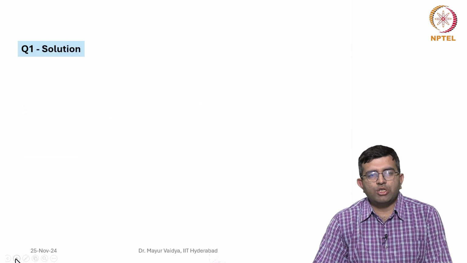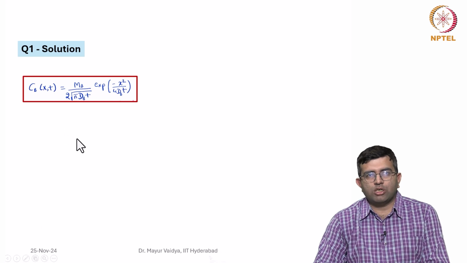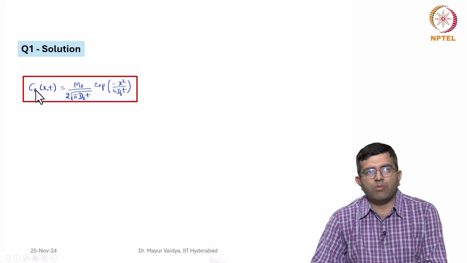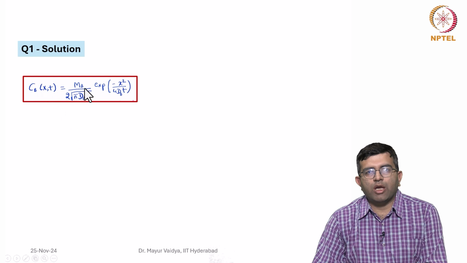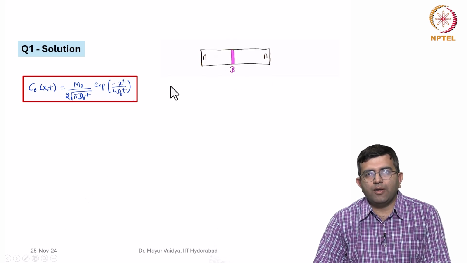So the solution. We know that for such a sandwich geometry, the solution is given by C_B is equal to M_B by 2 root pi D_B t, exponential minus x square by 4 D_B t. And this is how the geometry looks like. So the question is about the profiles.